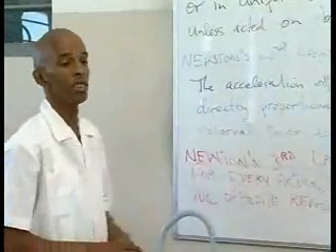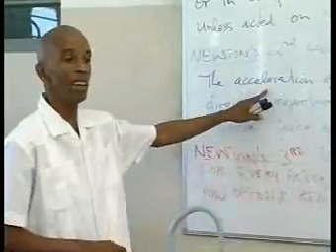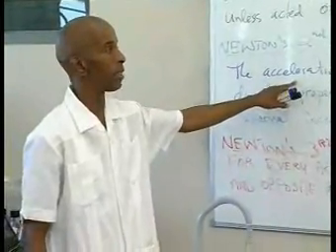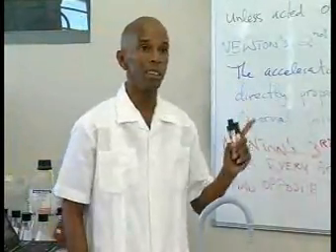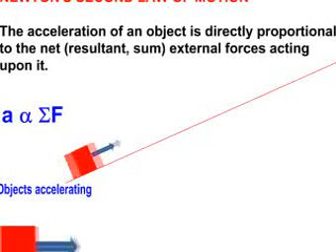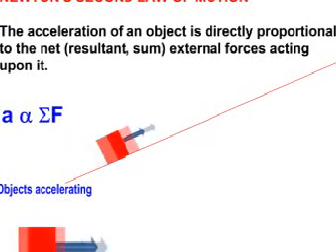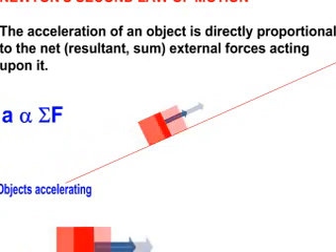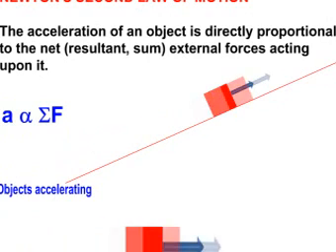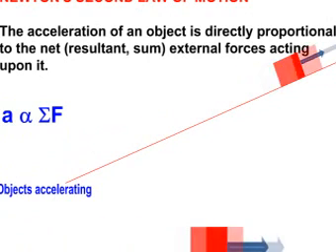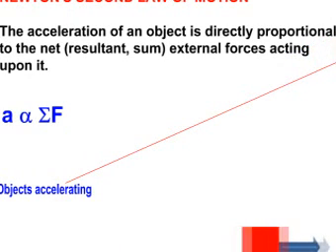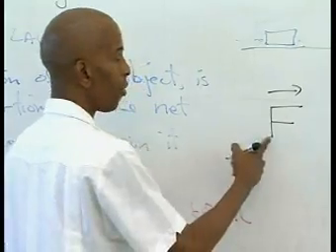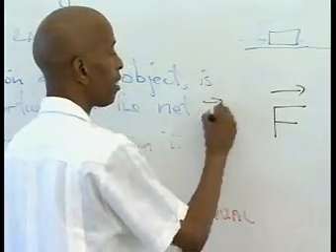Now, the second law states that the acceleration of the object, that is the change in velocity over time, is directly proportional to the net external force acting upon it. In mathematical language, it can be represented with F, which is my force, and a, which is my acceleration.